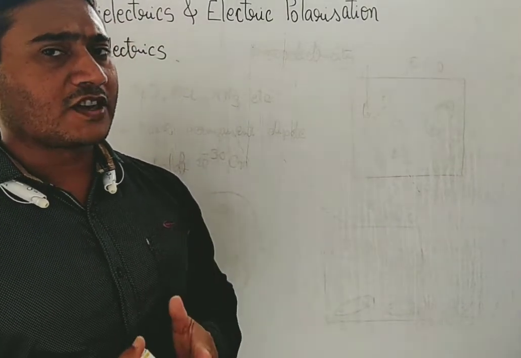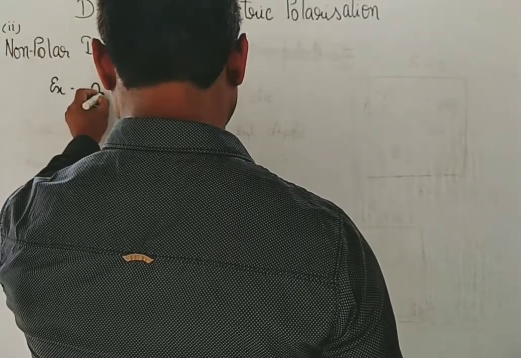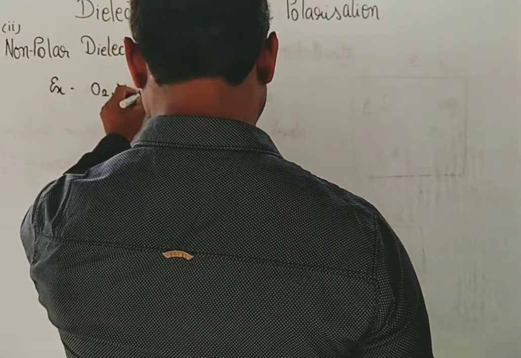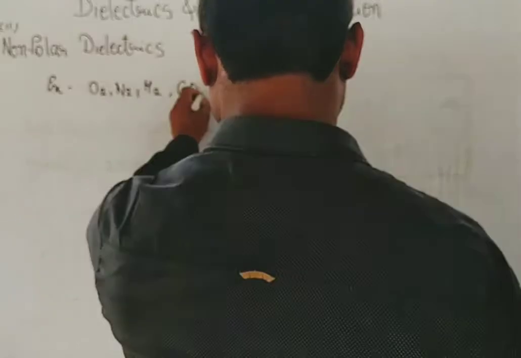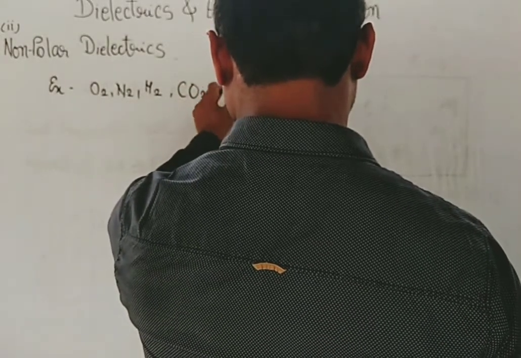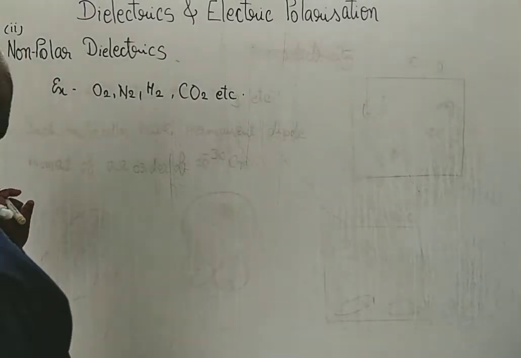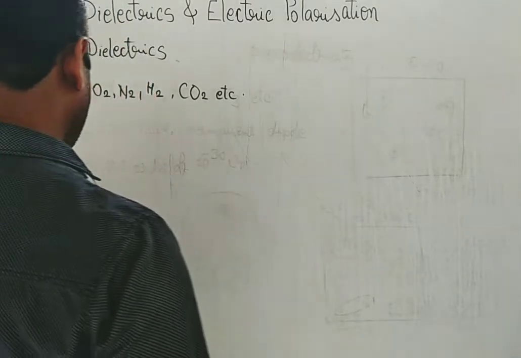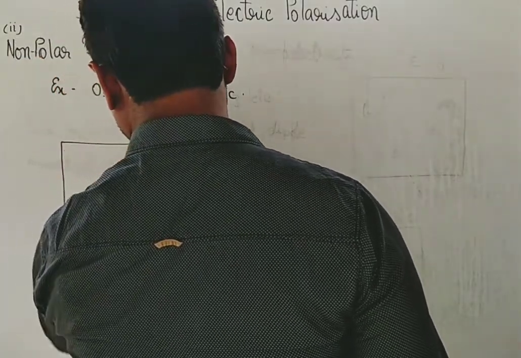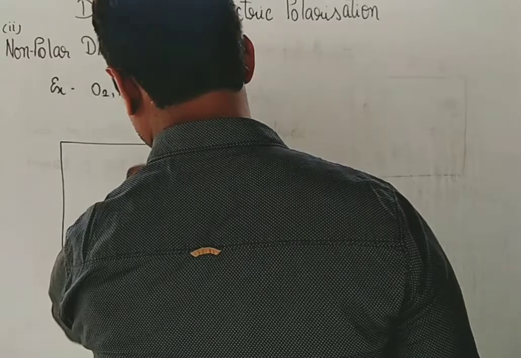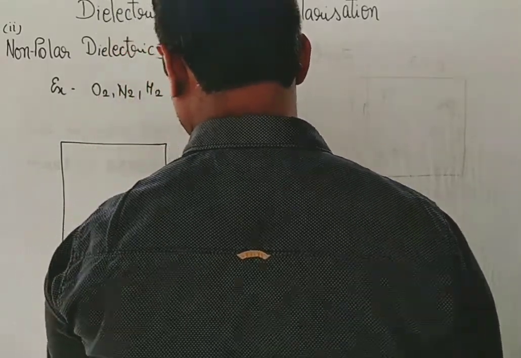For example, N2, O2, H2, CO2, etc. are a few examples of such non-polar dielectrics. Here, the normal state means that no external electric field is applied to this specimen.